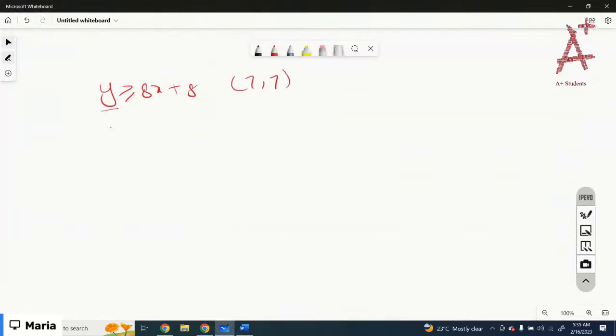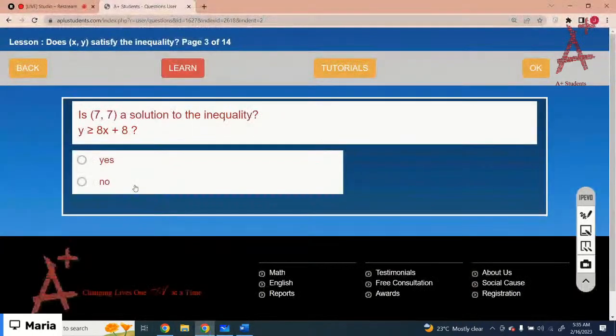Just replace the values. 7 is greater than or equal to 8 times 7 plus 8. 8 times 7 is 56, and 56 plus 8 is 64. Is 7 greater than or equal to 64, yes or no? No, 7 is not greater than 64. Got it? So the correct option is no.